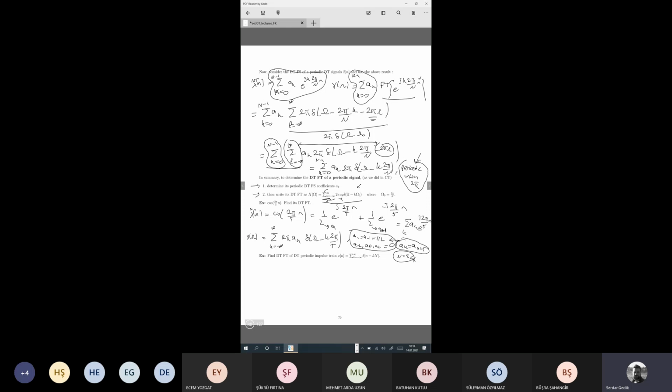So if you want to plot this, what does it look like? Let me plot here. This is my X of omega. Here I have 2 pi over 5 and minus 2 pi over 5. I have an impulse with amplitude pi.